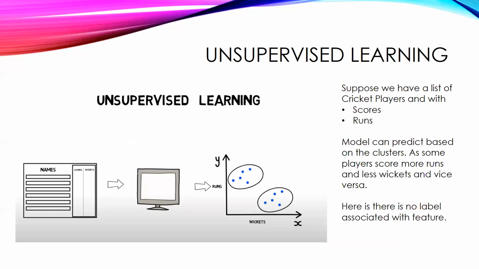Okay, now we go to unsupervised learning. In unsupervised learning, there is no label attached, right? So let's take an example of cricket players. All we know is how many runs they score and how many wickets they take. Sorry, it's not scores, it's wickets and runs.